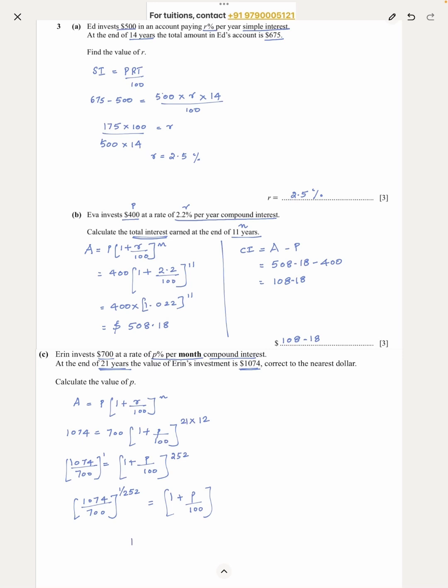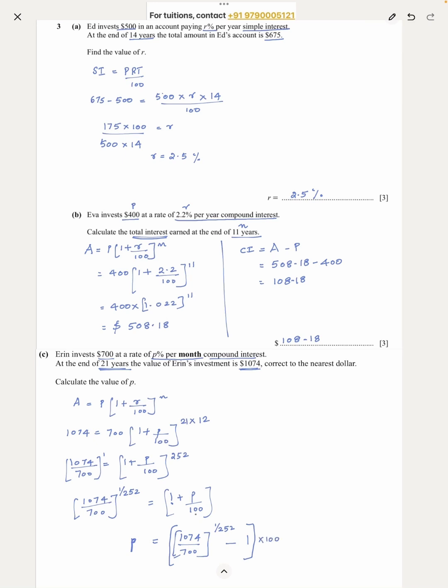So keeping p on one side, this p, please don't mistake it for capital P. This is small p which has been mentioned for rate. That p is equal to 1074 by 700 to the power 1 by 252 minus 1. So this 1 has been taken on the left hand side, and whole thing is getting multiplied by 100.